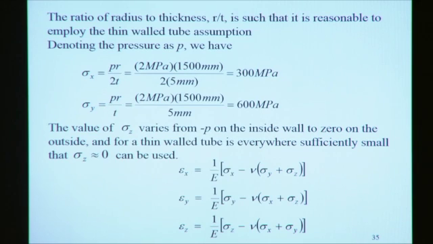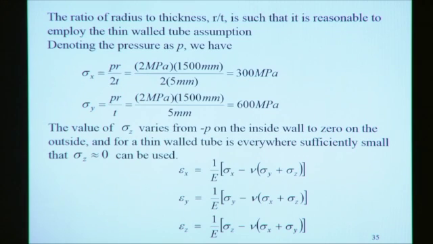We can find sigma x as 300 megapascal. Similarly, we can estimate sigma y as P R by T, which is 600 megapascal. But as I already mentioned, sigma z varies from minus P, the internal pressure, on the inside to 0 outside.